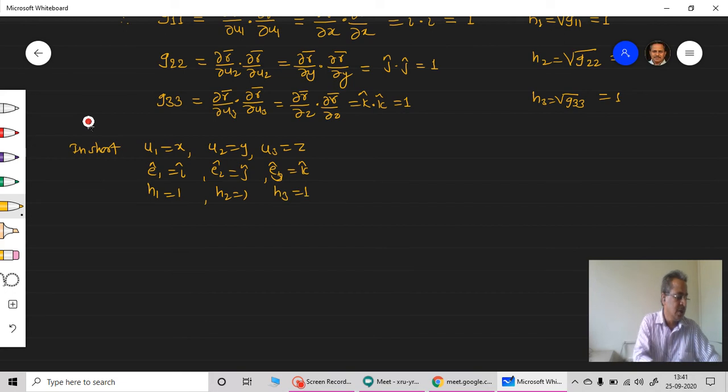So let's use all this information for what? We have to go for all these calculations of surface element, length element, and the volume element, etc. Okay, so let's go for these simple calculations as follows.